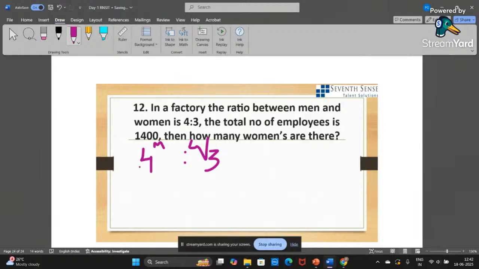Since they are in ratio, they are in simplified form, so there must be some common multiple between these two, men and women. So let us take that common multiple as x.